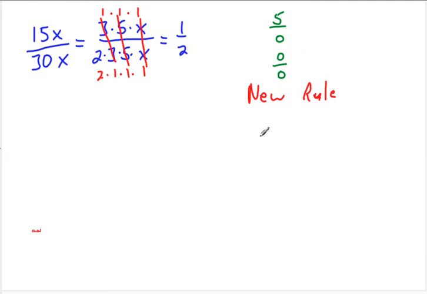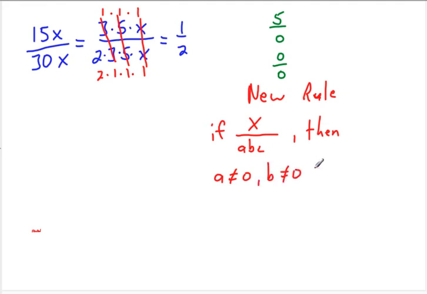So the rule is, if you have something, could be anything, we'll call it x, divided by anything, we'll call it ABC, then A is not allowed to be 0, B is not allowed to be 0, and C is not allowed to be 0.